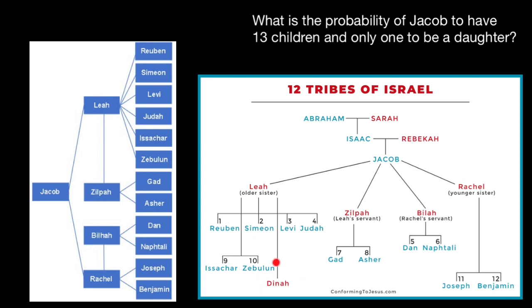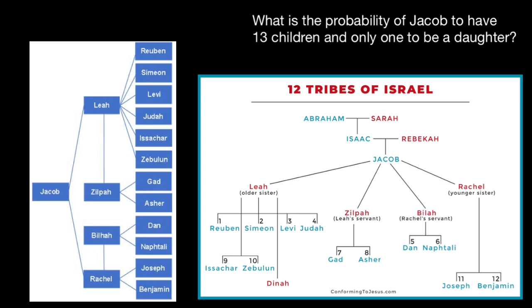And as you see, Dinah's position here is not shown. All the sons are shown as they were born, but for the daughter it's not shown. So we just suppose she has to be somewhere here, but in which order we don't know.